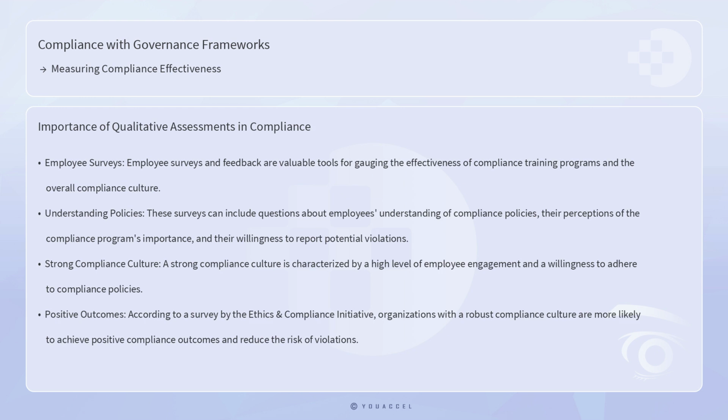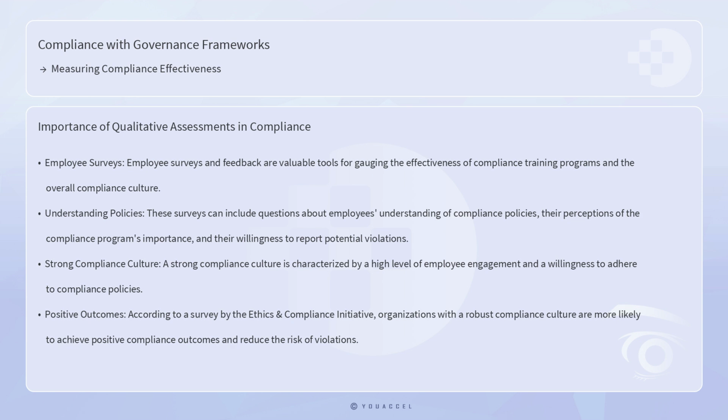In addition to quantitative metrics, qualitative assessments play a crucial role in measuring compliance effectiveness. Employee surveys and feedback are valuable tools for gauging the effectiveness of compliance training programs and the overall compliance culture. These surveys can include questions about employees' understanding of compliance policies, their perceptions of the compliance program's importance, and their willingness to report potential violations.